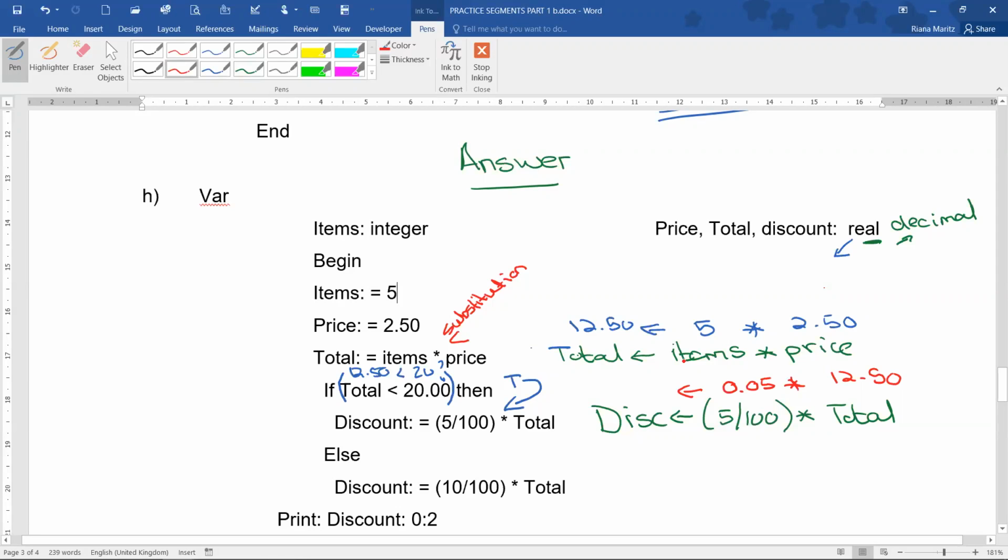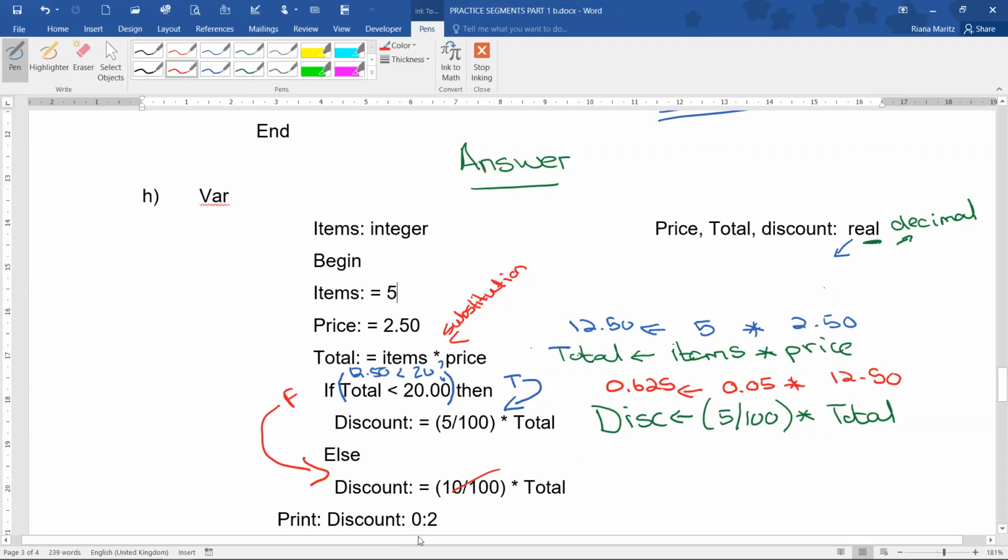That gives you 0.625 on your calculator. We know we are not going to use this step. We only use this one if that one was false. If that was false, then we would have used the step after else.